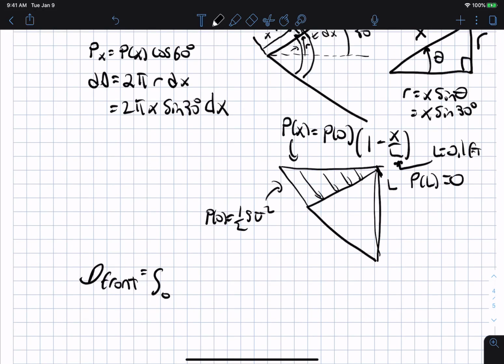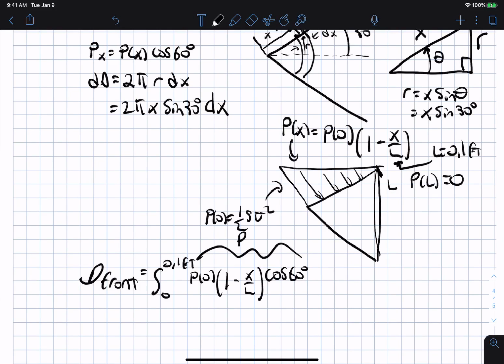So this equals the integral from 0 to the end of it, which is at 0.1 feet, times the pressure. I'll just call this P0 times the linear distribution, 1 minus x over L, times the direction of the pressure force. So that's cosine 60.